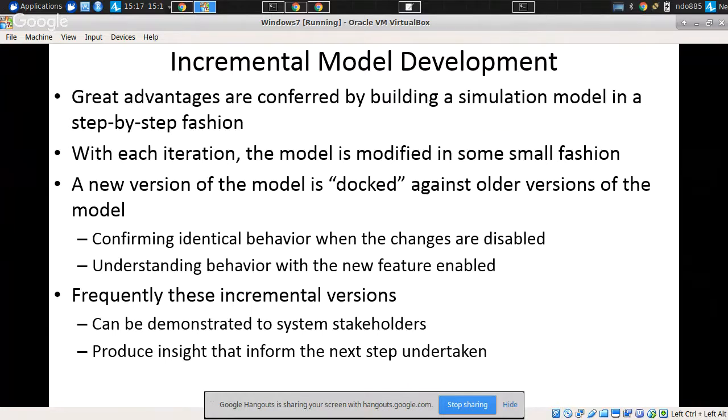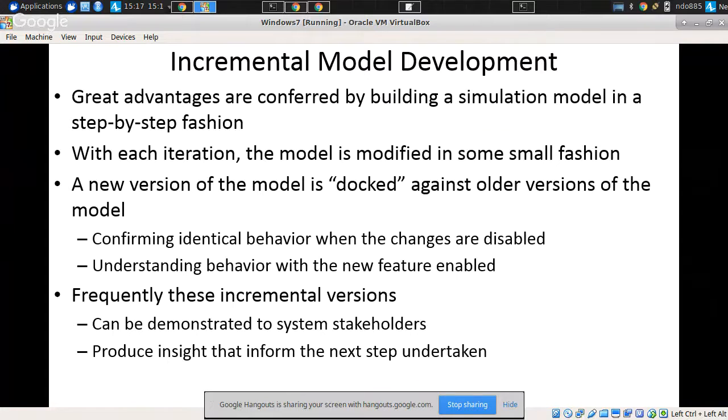Before you do that experimentation, often you do what's called docking it against older versions of the model. In other words, you test, okay, how does this new version behave compared to the old one? Particularly, you may temporarily disable these new features and just make sure it still gives comparable behavior. And then you enable them and you see what their effects are, okay?